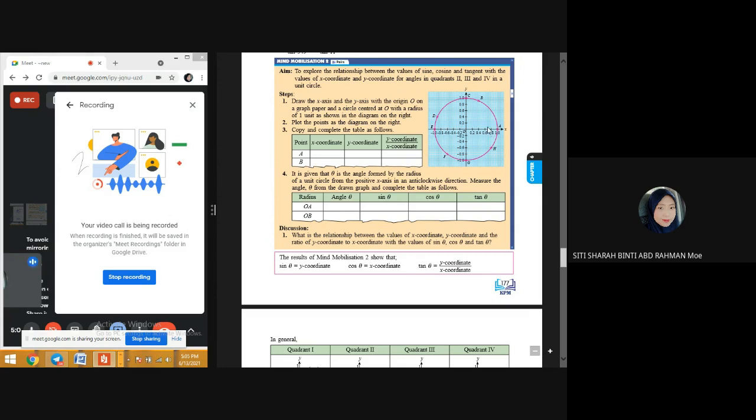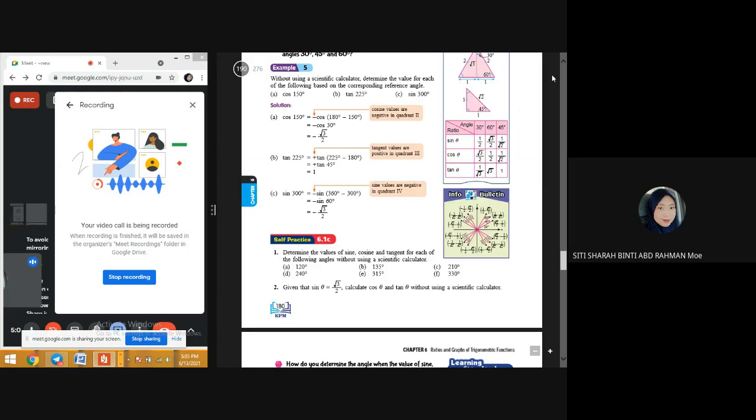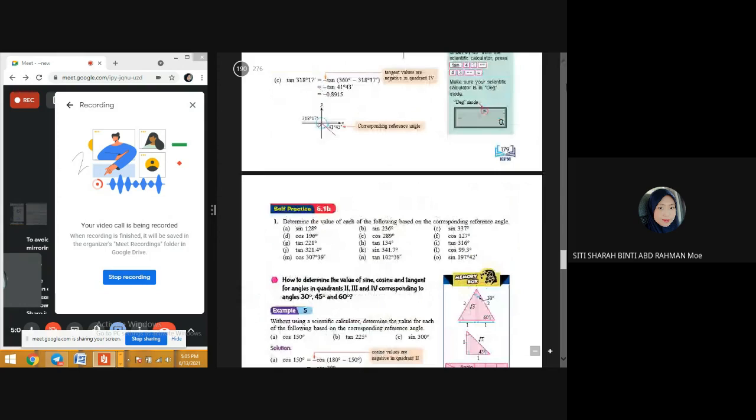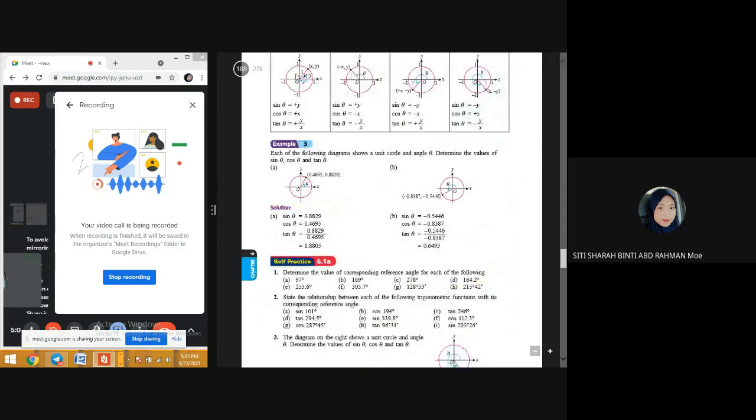Opposite y is positive, x also positive, so positive divided by positive, we will get a positive value. So in the first quadrant, all values for sine, cos, and tangent will be positive.